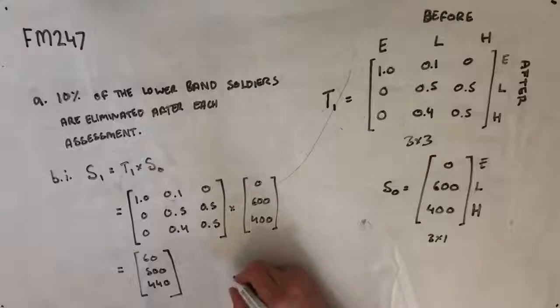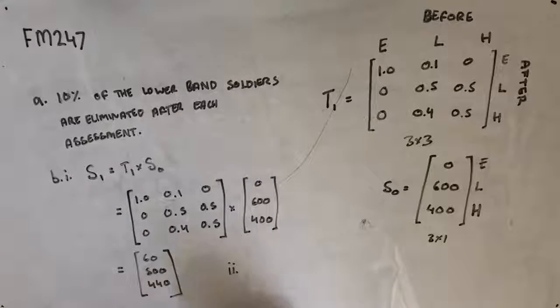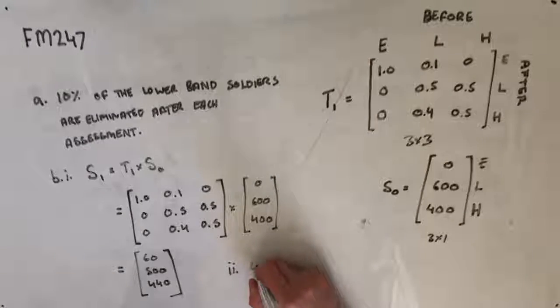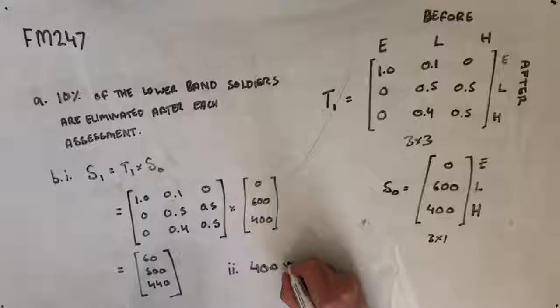Our final question, part II, which I'm just going to do here, asks us how many higher band soldiers are moved to the lower band after the first assessment. So first of all, we're going to be looking at the higher band soldiers. So we know that we have 400 of them, and we want to know how many of those soldiers are being moved to the lower band after their first assessment.